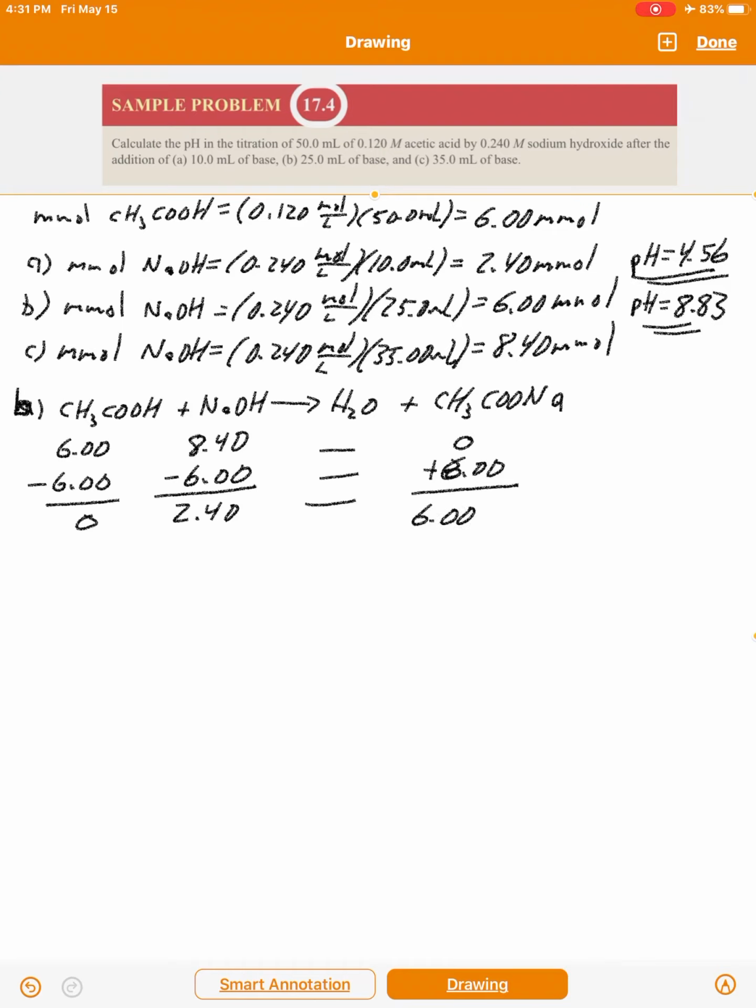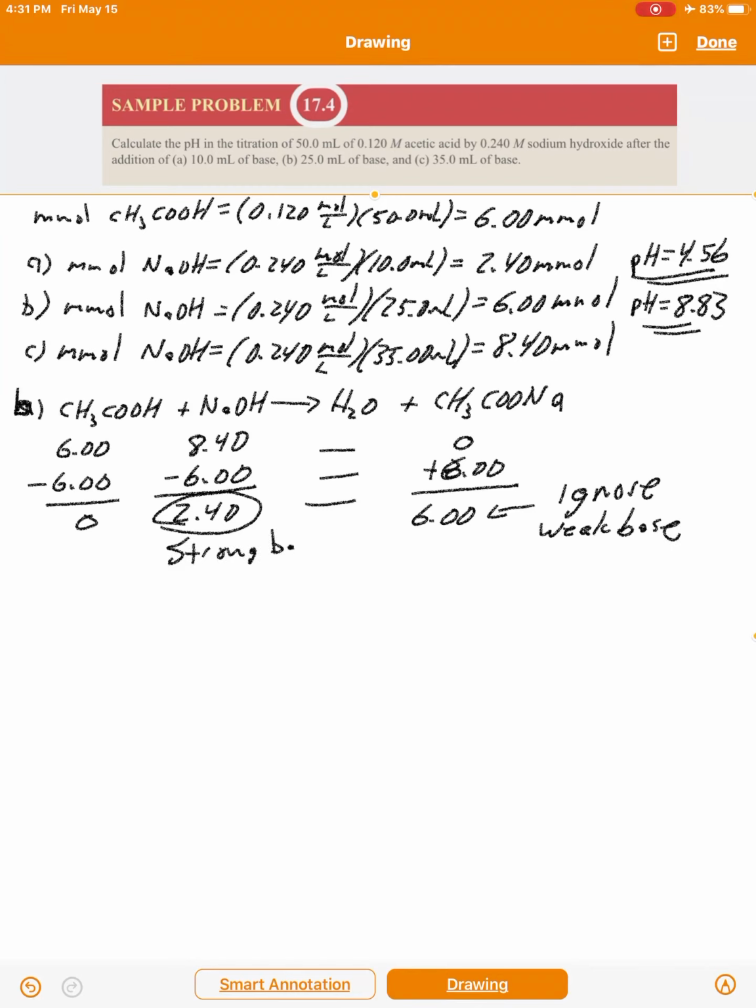But what happens is, again, that's a weak base, and weak bases do not affect acidity nearly as much as strong bases do. So we can ignore the weak base if we have a strong base.